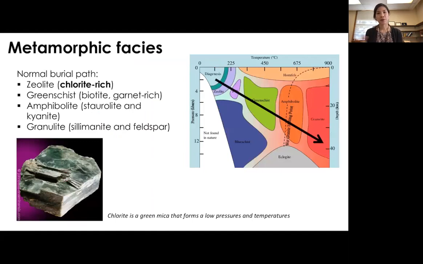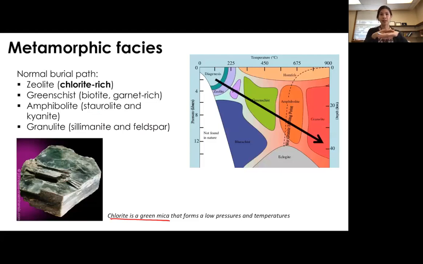The typical burial path, as we mentioned before, is going to form more along this line where we go from diagenesis to a zeolite, to a greenschist, to an amphibolite, to a granulite. So typically that original zeolite is going to be fairly chlorite rich. Chlorite is a green mica mineral. So like the picture of biotite earlier, you can see this chlorite forming booklets.